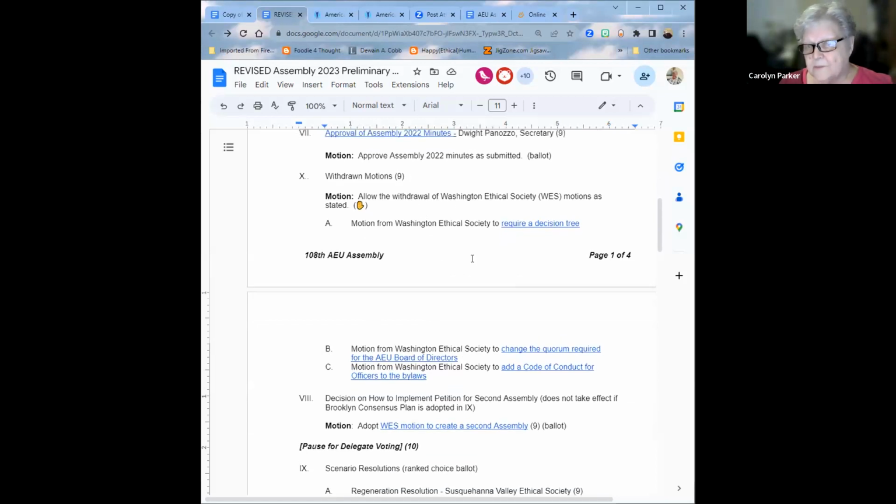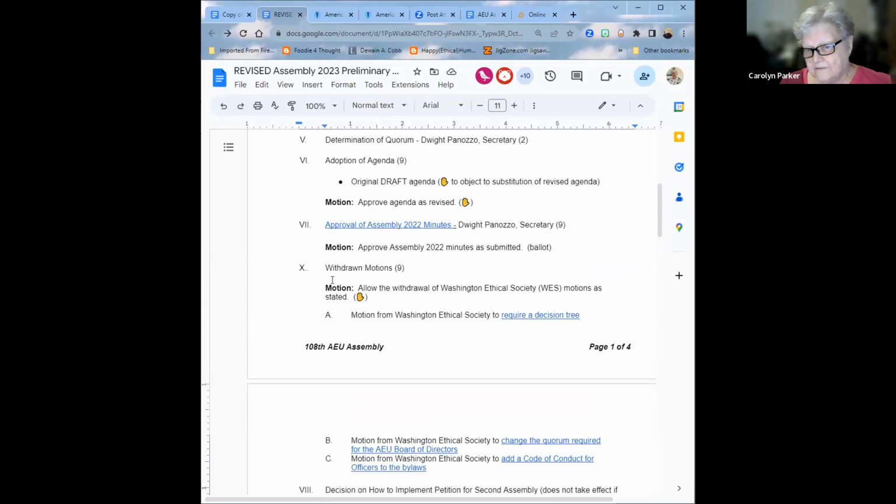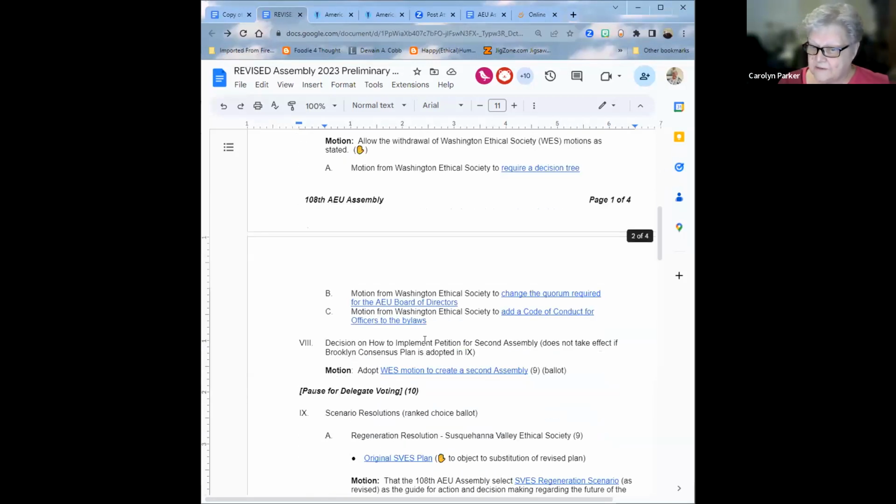These are part of that cluster of withdrawing the Washington Ethical Society motions on various points and considering the Washington Ethical Society's motion for implementing the petition for a second assembly, clearing up some of the questions.